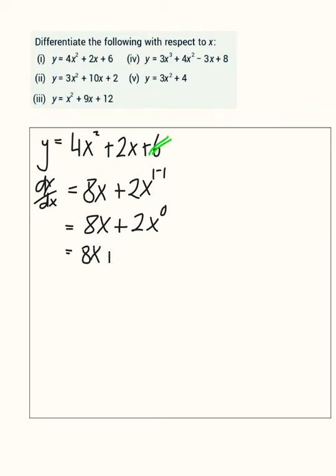So I can replace that x to the power of 0 with 1, and 2 times 1 is just 2. So any time you have a term to the power of 1, like 2x to the power of 1, we can just drop off the variable, leaving us with only the constant. So 4x squared plus 2x plus 6 differentiates down to 8x plus 2.